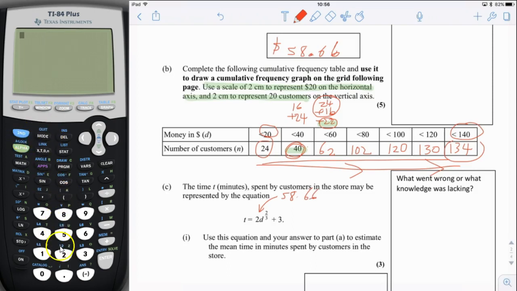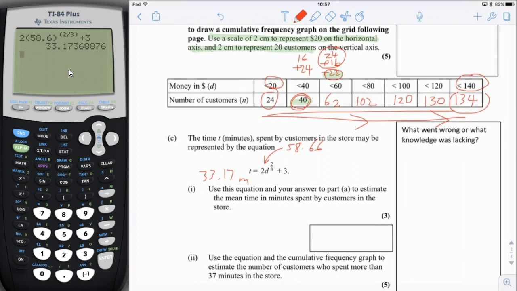We'll put in 2 times 58.66 to the 2/3 power. Oh, we better put this in parentheses. 2/3 power. And then plus 3. Let's see what time equals. It's equal to 33.17. Okay, minutes. So we're going to put 33.17 minutes.